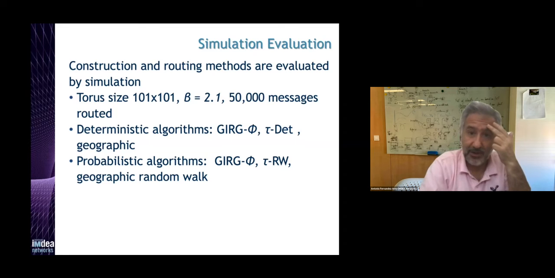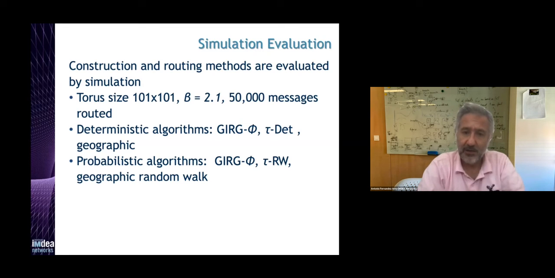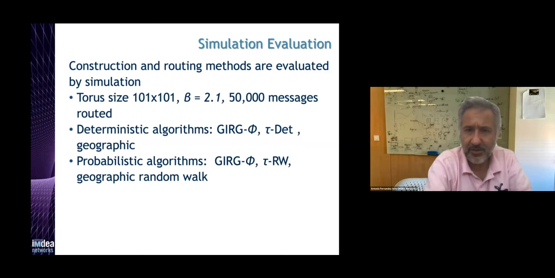Once the network has been built, we are going to compare networks built with the GIRG algorithm with networks built with the kappa-pi algorithm. In order to evaluate the routing, we're going to use the phi-based function of GIRG in a deterministic fashion, the tau, and the geographic one, the one that always chooses the hop that gets closer to the destination.